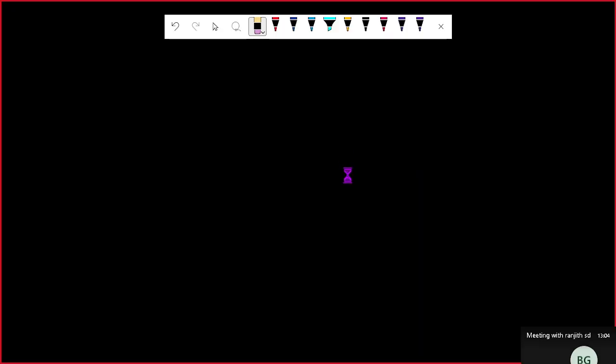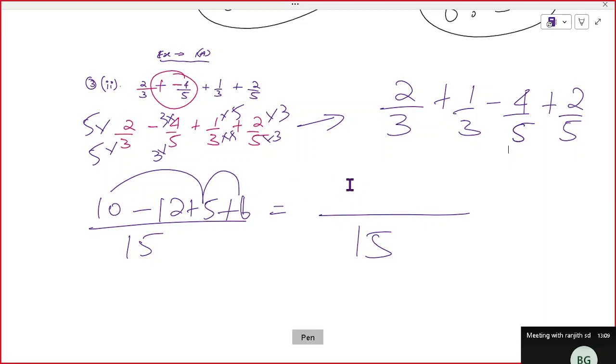You will get the same answer. You either arrange and do, or take direct LCM and do.